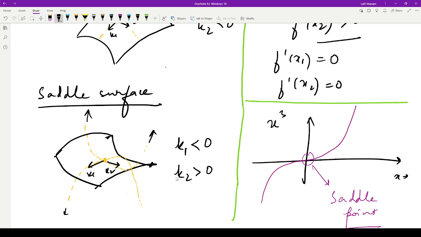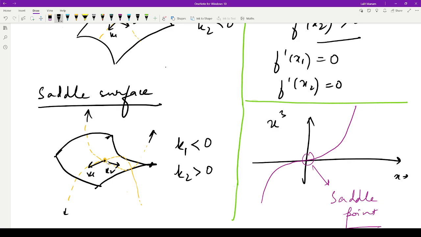And k2 is greater than 0. Do you agree with this, given that I drew this diagram? Although it's a pretty bad representation, I hope you're getting it. So it's a curve like this, which increases in this direction, but if you go in this direction, it decreases. So this is a saddle surface, and this specific point is called a saddle point.